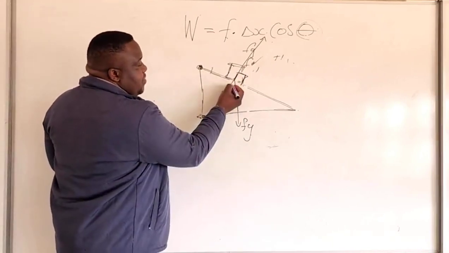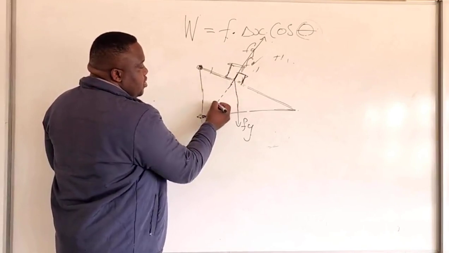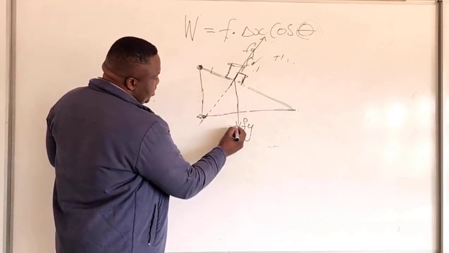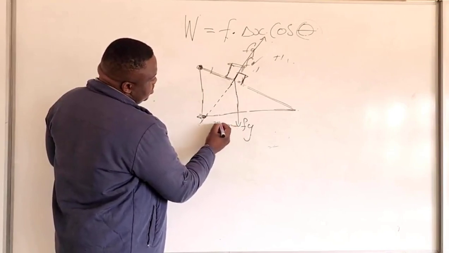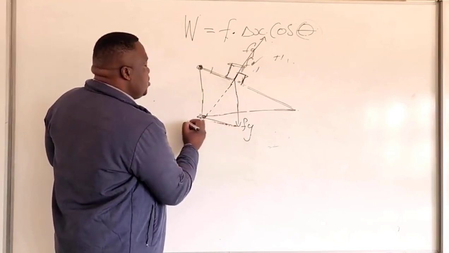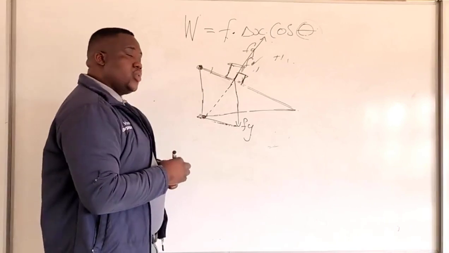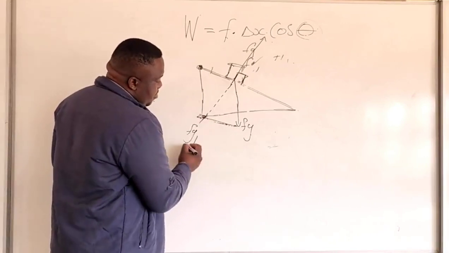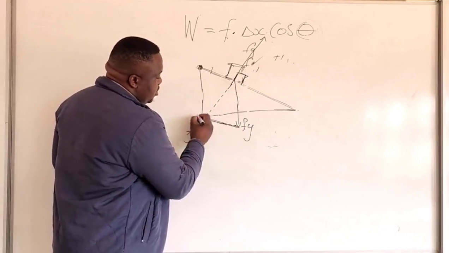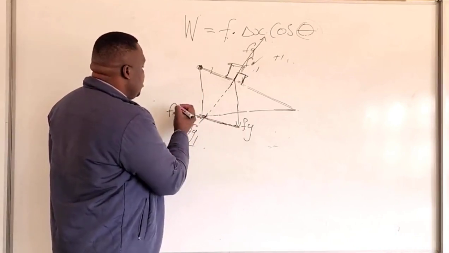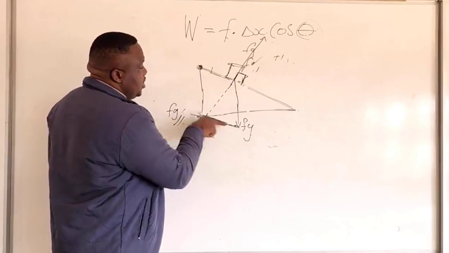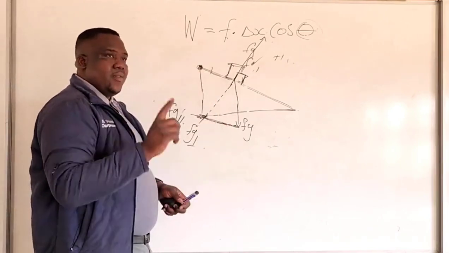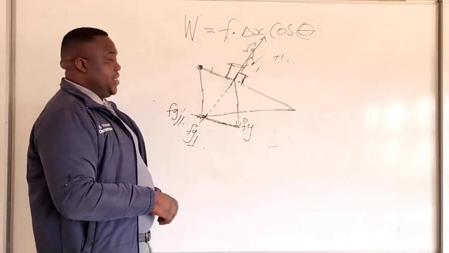Then I'm going to have Fg perpendicular, and I'm going to have Fg parallel. This is Fg perpendicular. Then this is Fg parallel. See, it is parallel to the surface. I want you to notice this about gravitational force and the displacement.